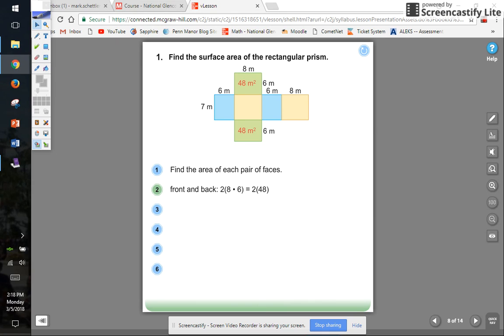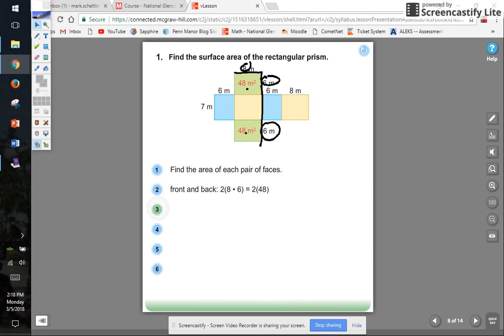Let's do front and back. That would be 6 times 8. And how did we get 6 and 8? Here's our height and width. There's an 8 there, and a line that's running parallel is this 6. So that would be 6 also. 8 times 6 is 48. If I do it here, it's got to be the same here.